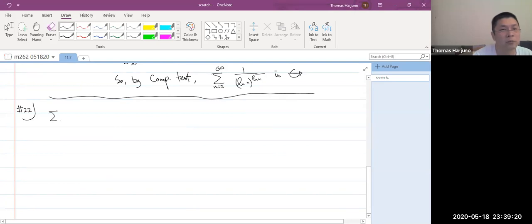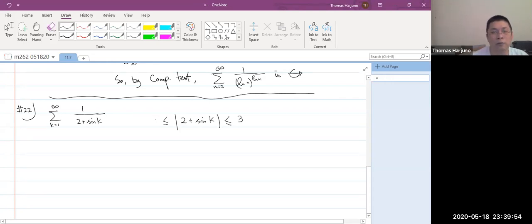This one, I see it, I know it's divergent. One over 2 plus sine k. Now, why do I say this is divergent? Because 2 plus sine k is less than or equal to 3, but still greater than 1, right?